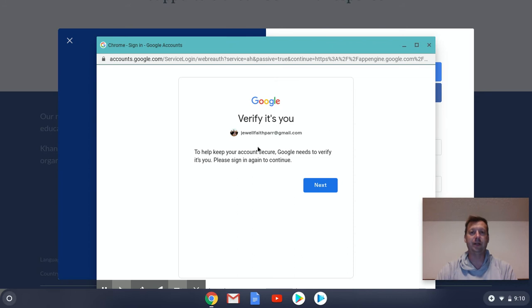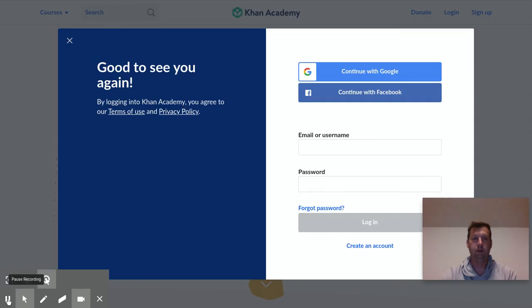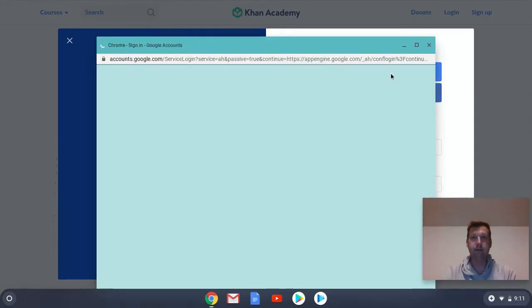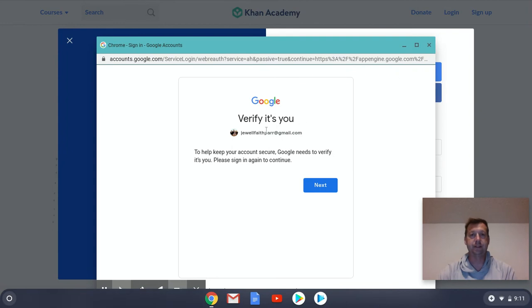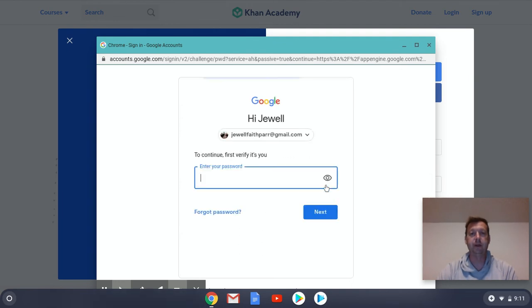Now you'll notice right here that this is giving me the wrong account because my daughter is logged in onto this Chromebook. So I need to switch that. It will not work if I do not switch that. So in order to switch that, I click on sign in with Google. It's got the wrong name right here. I'm going to go ahead and click next in case you're on your parents' Chromebook or your brother's.